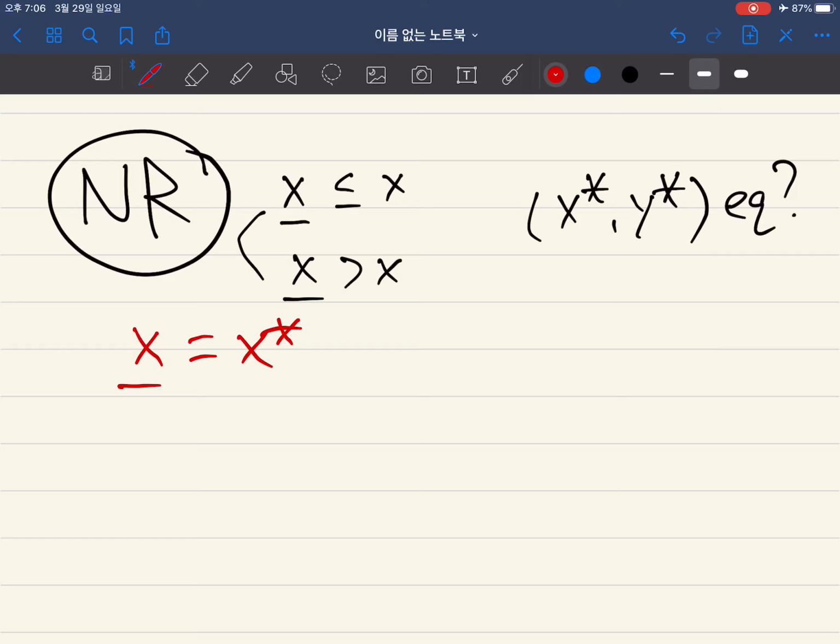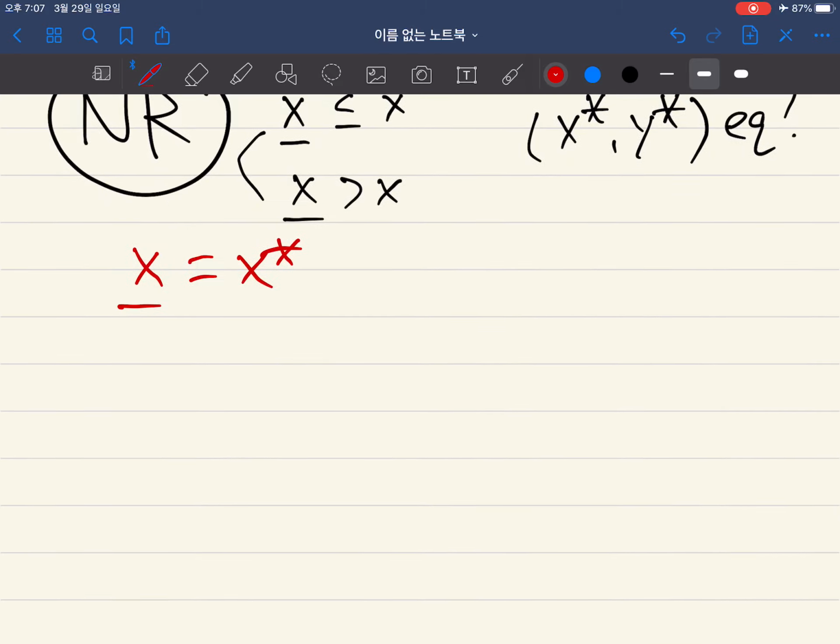So let's assume due care X bar is equal to X star, and let's study if X star, Y star, our social optimum, can be an equilibrium under the negligence rule.